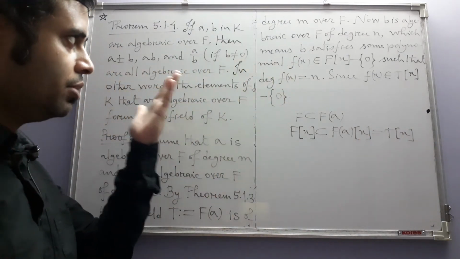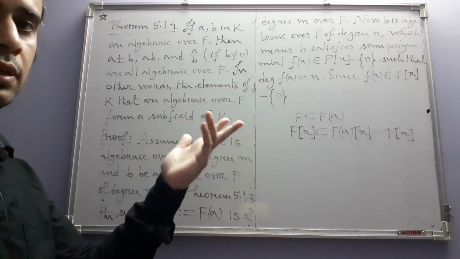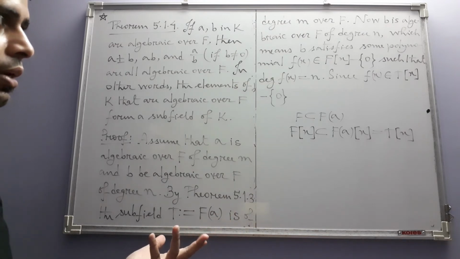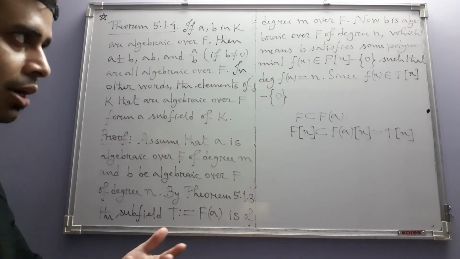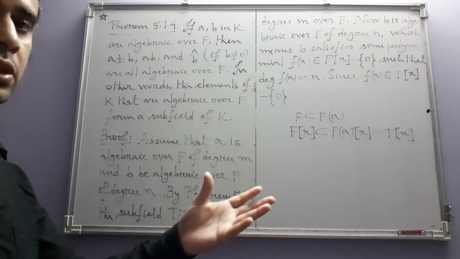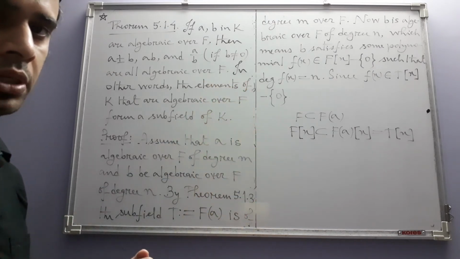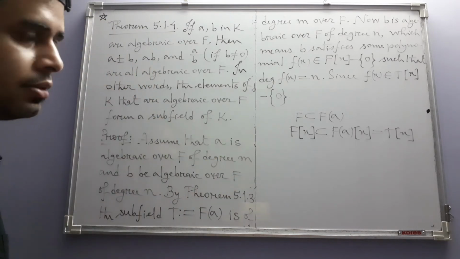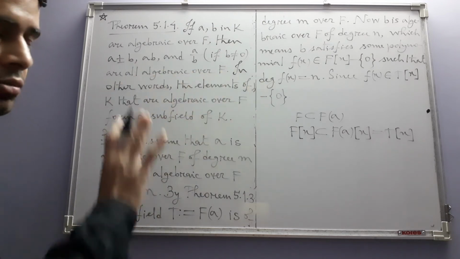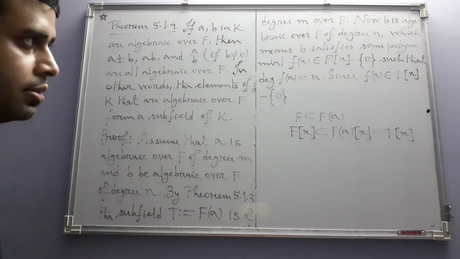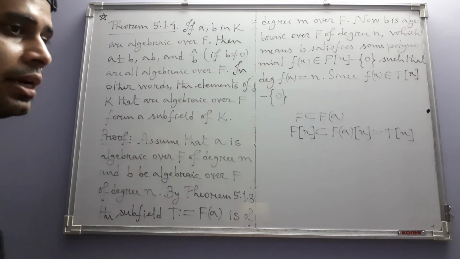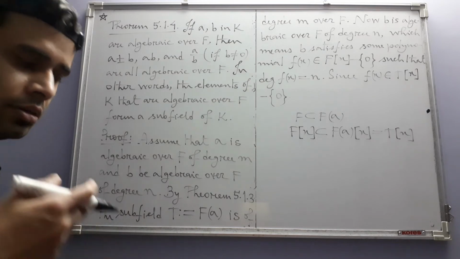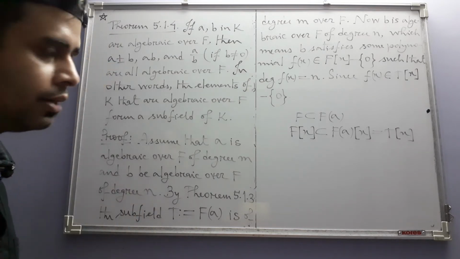So our b satisfies a polynomial in T[x] over T, which is of degree n. Now over T, f(x) may not be a minimal polynomial for b. There may be polynomials of lower degree than n over T. Over F, of course, n is the lowest possible degree, but over T maybe there are other polynomials, and since we are trying to reduce the degree, we will look for lower degree than n.